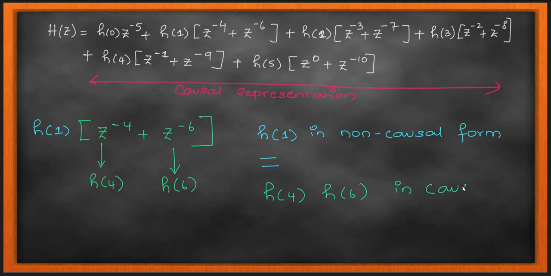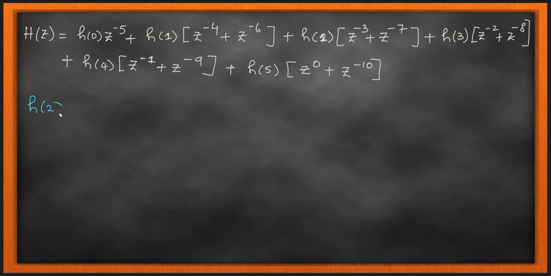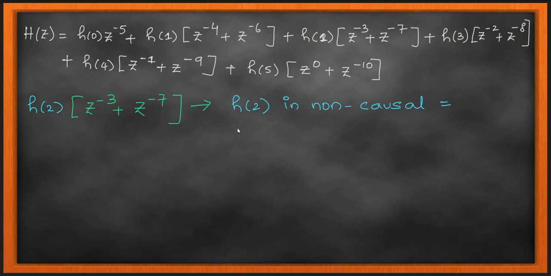Suppose the question is, you have h0 to h5, which is in the non-causal form. In the causal form, h1 is equal to what? In that case, you have to write h1 is equal to h4 and h6, and your h2 is equal to h of 3 and h of 7. I've seen this question asked in many exams, many places.